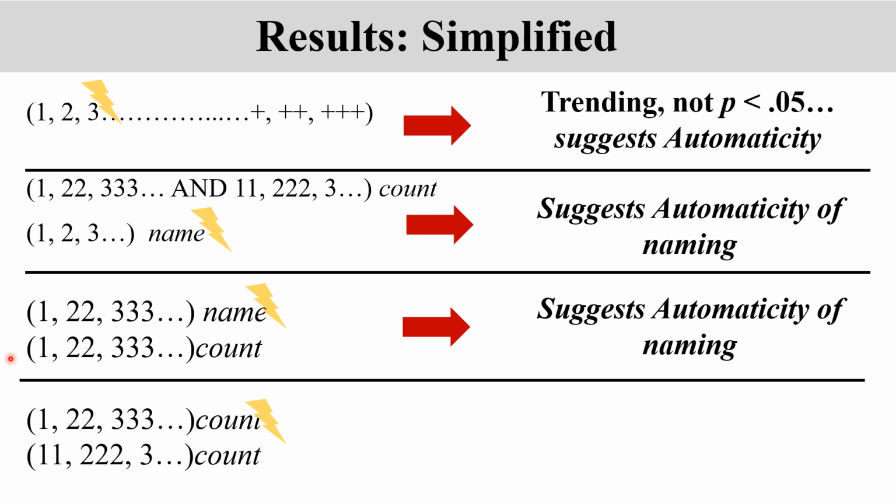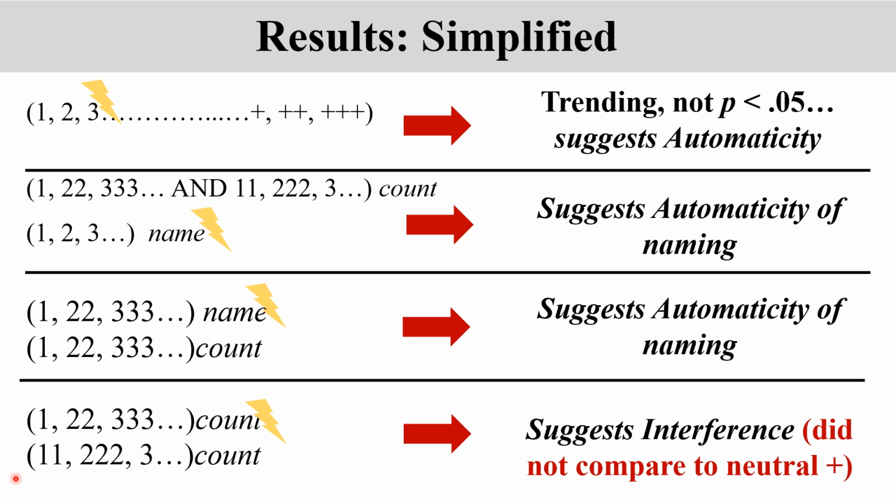Their third experiment suggests automaticity of naming again, because naming these numbers was faster than counting the digits. Although the correct answer is the same, they did this faster if they were told to read the number than to count the number of digits.